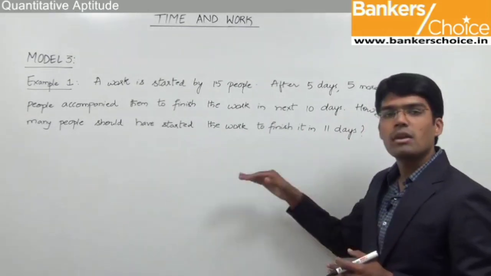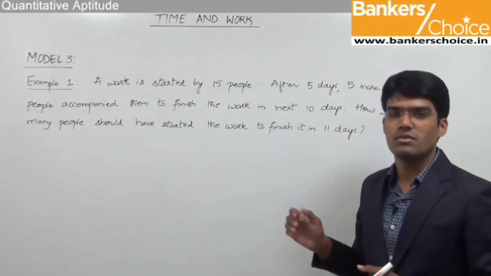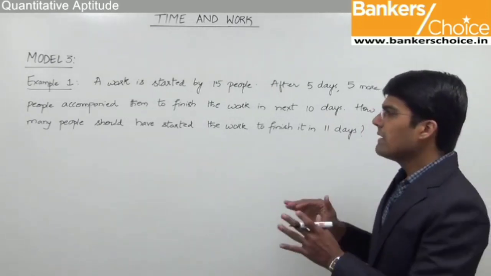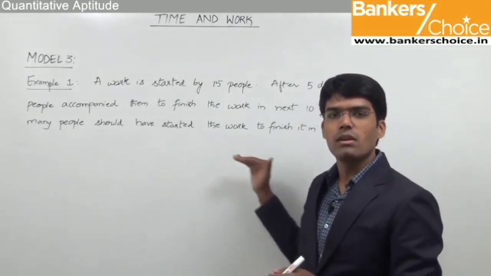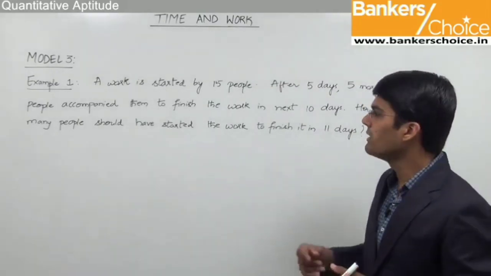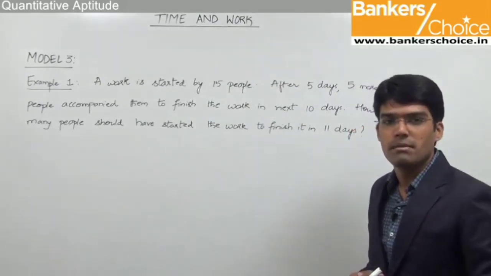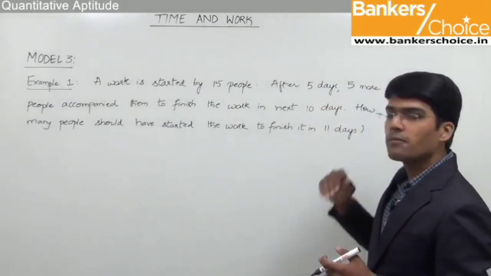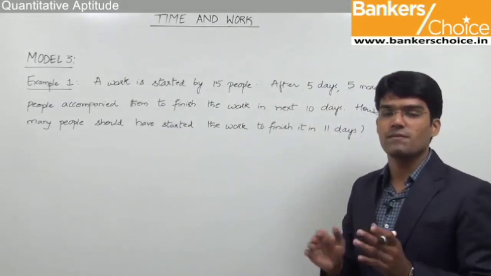So let us see how we can use the concept of men into days to solve this question. Now the only thing which we need to do here is balance the total work on both the sides in terms of men into days. For example, the work was started by 15 people and we know that they have worked for 5 days. There were no changes for the first 5 days.